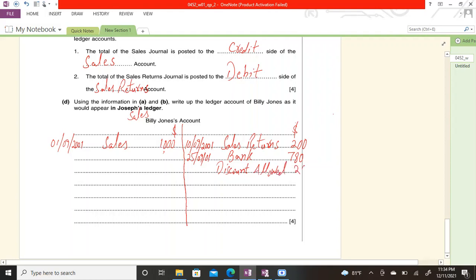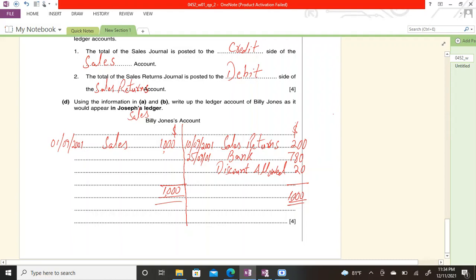So the total is 1000, and his account is closed. The seller has to receive 1000 from Billy Jones, who is a credit customer. Goods are returned by Billy Jones for 200, the remaining amount was 800, and then he sent a check for 780 and received a discount of 2.5%.